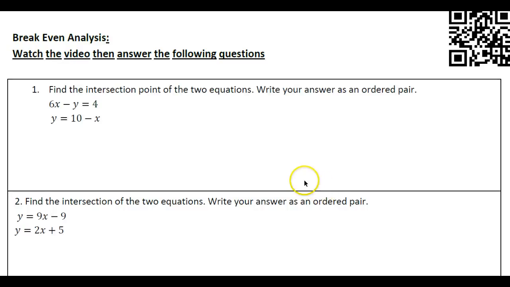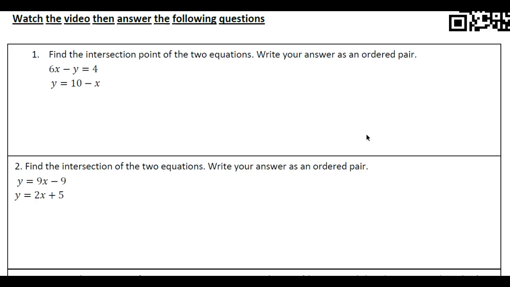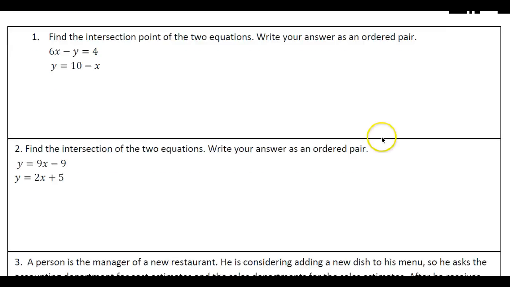This is page 23, and we're going to deal with a little break-even analysis. So we have two equations here, and we're looking to see, and just to give you some background on this, that one of these lines might look like so, and the other lines might look like so.